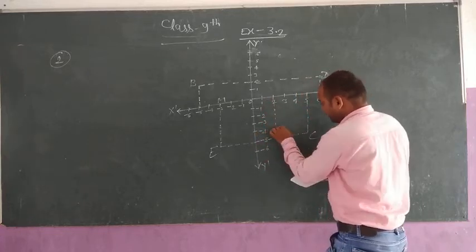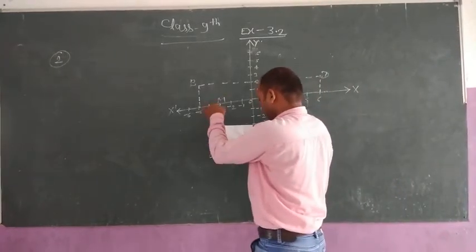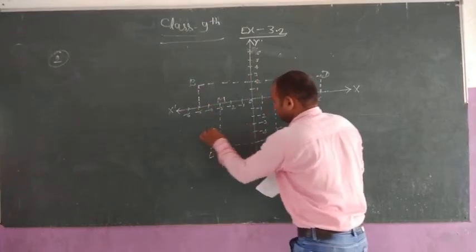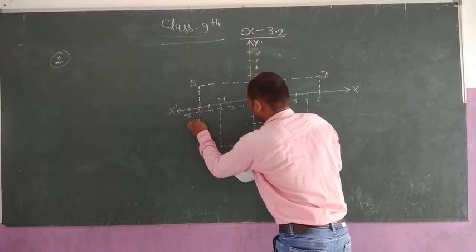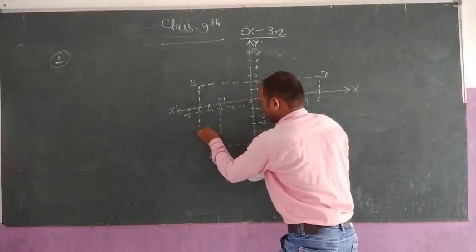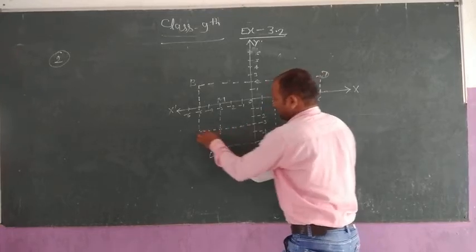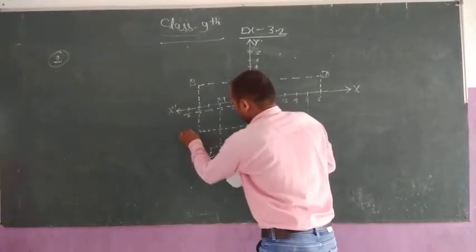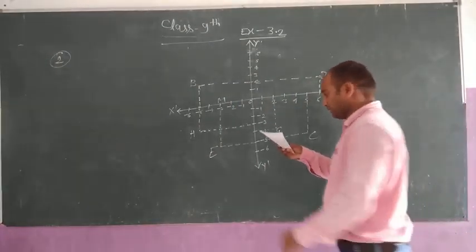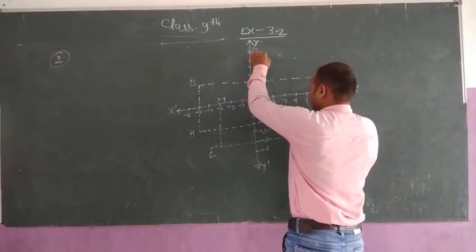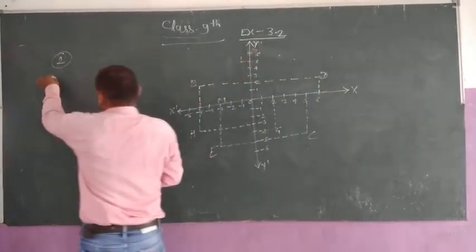This is point G, minus 3 and minus 5. This is point H. This is point L, 5.